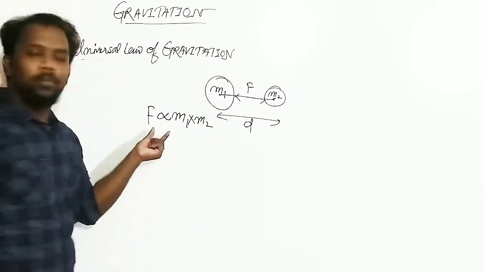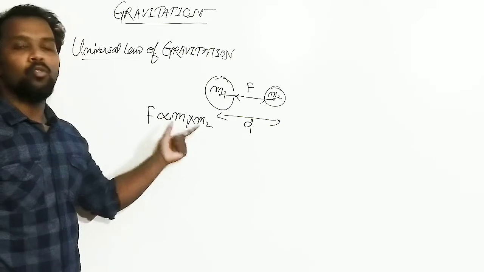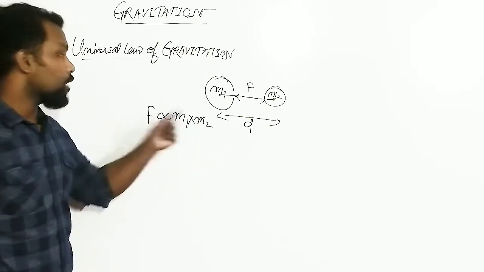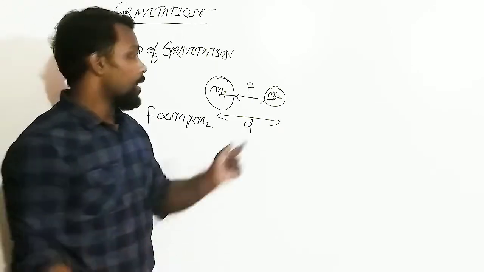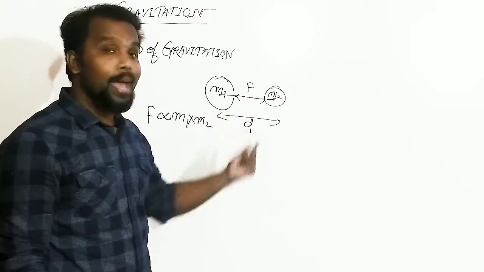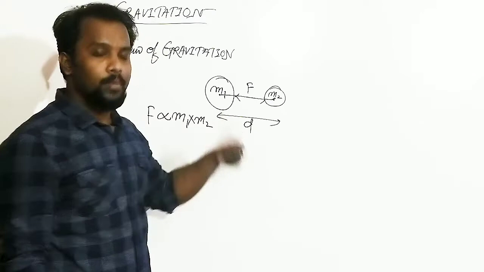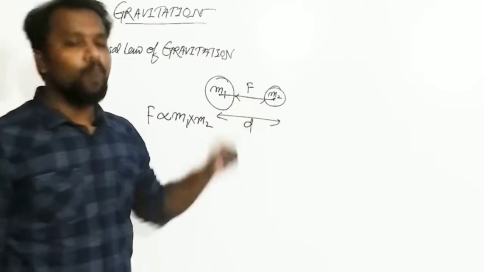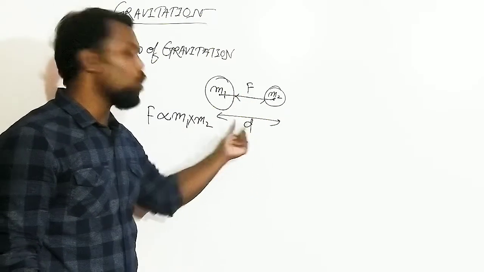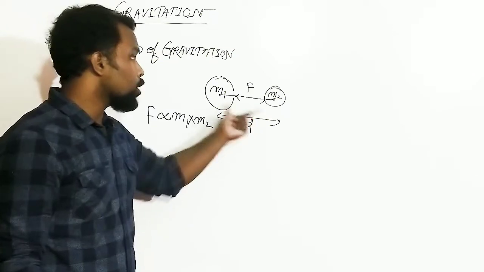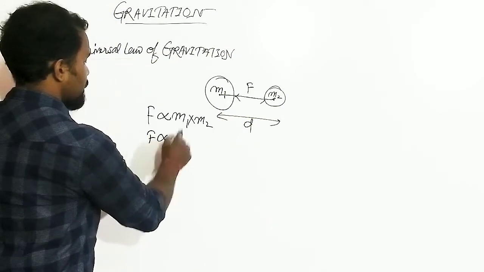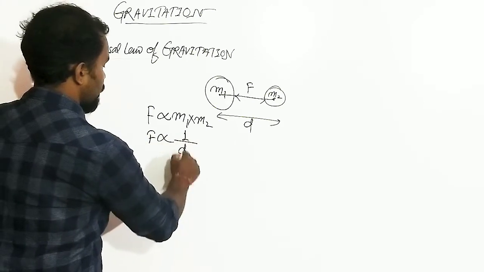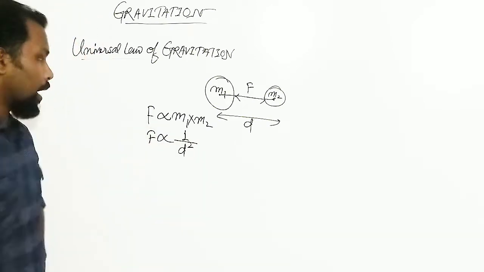Directly proportional means that if the product of the two masses changes, the force changes accordingly. And it is inversely proportional to the square of the distance between the two objects, which is small d here.